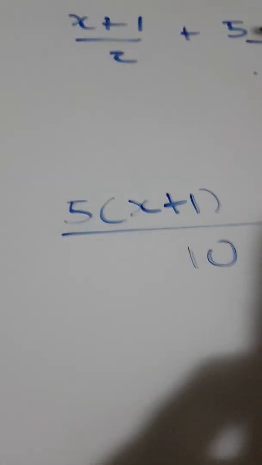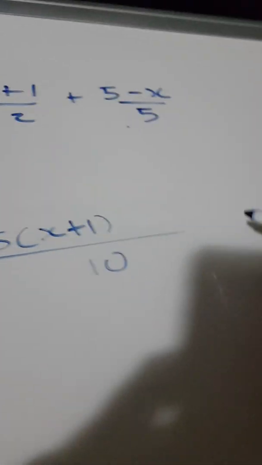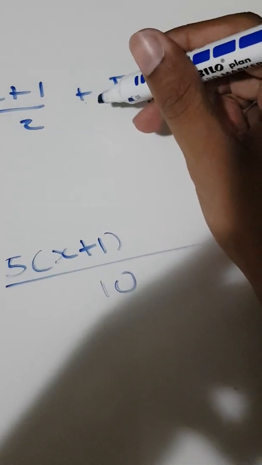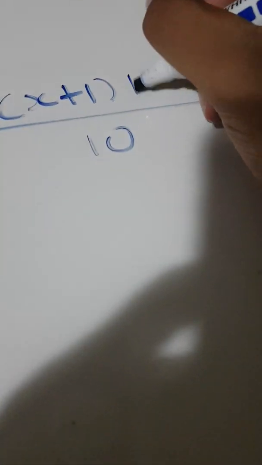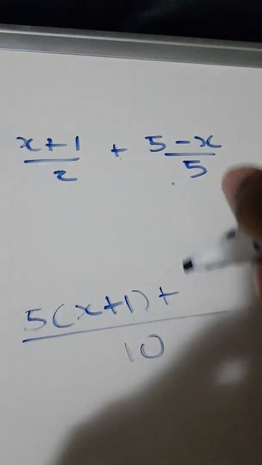So we're going to have 5 times x plus 1, because as I said, this entire numerator is multiplied by 5. And the operation here stays the same. So this will be plus, because it stays the same.